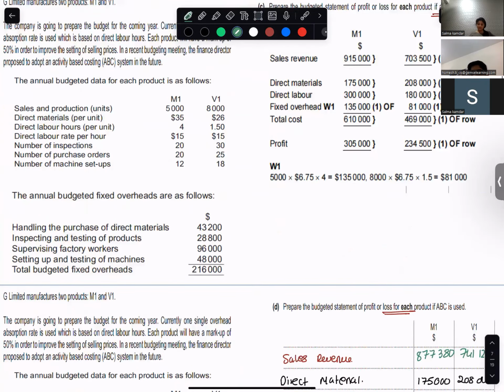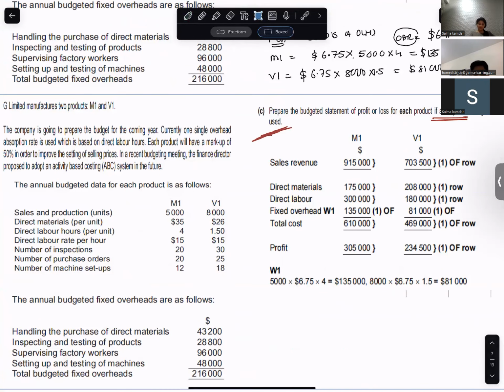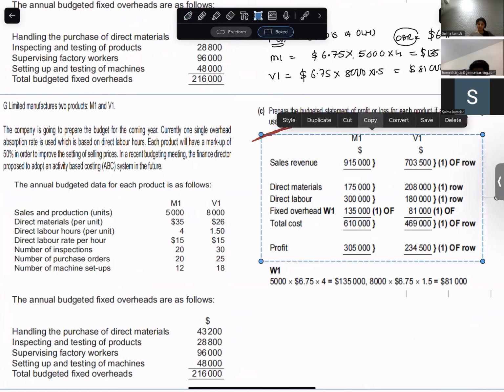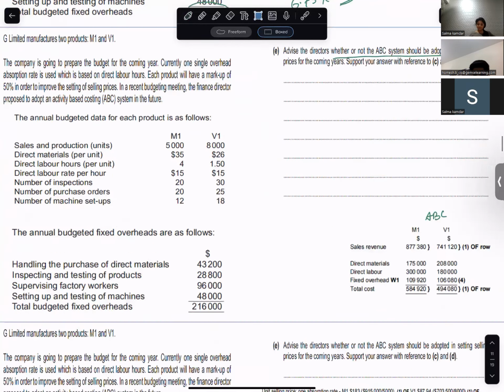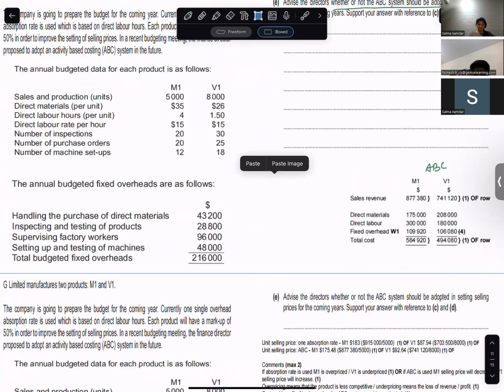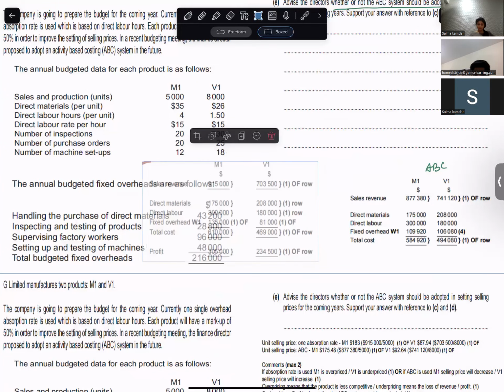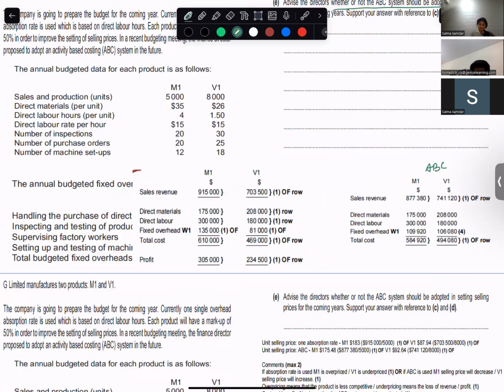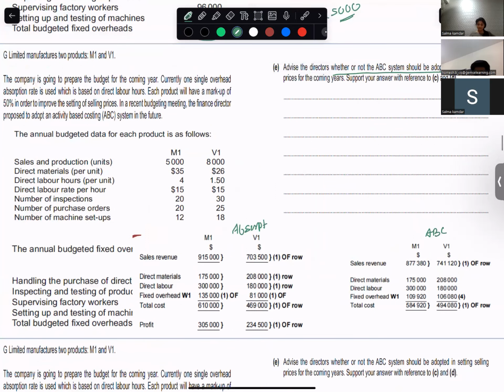And this one is as per absorption costing. Now they want you to advise whether or not ABC should be adopted in setting the selling price, supporting your answer with reference to C and D.